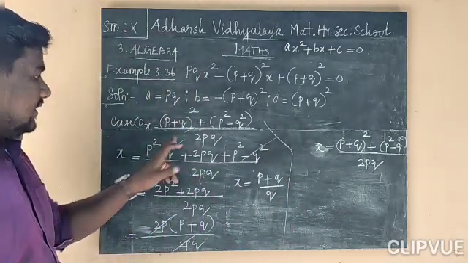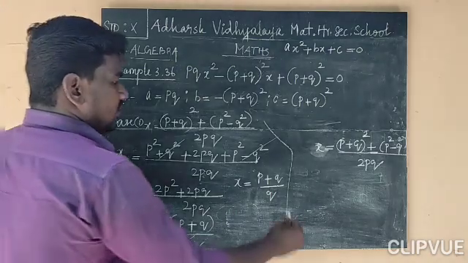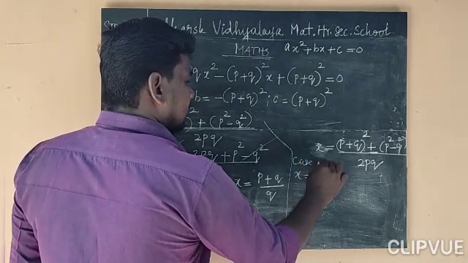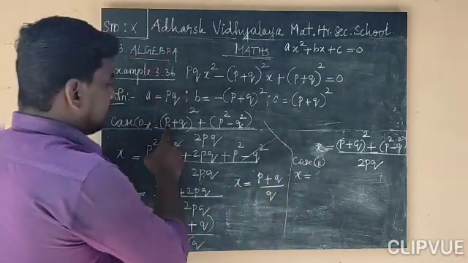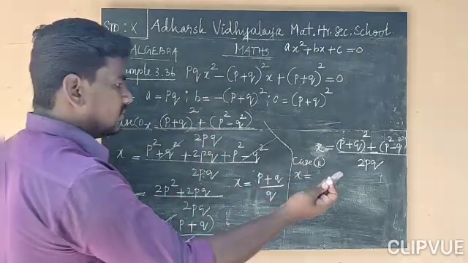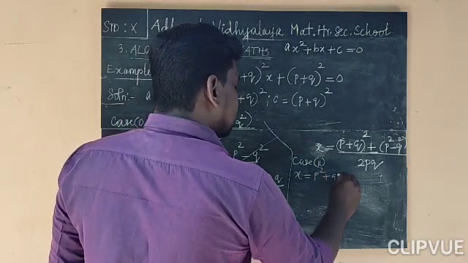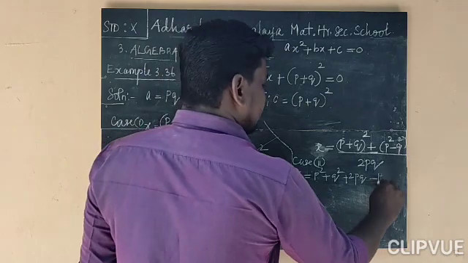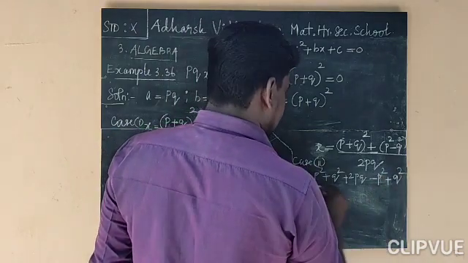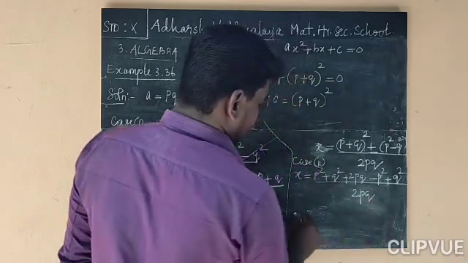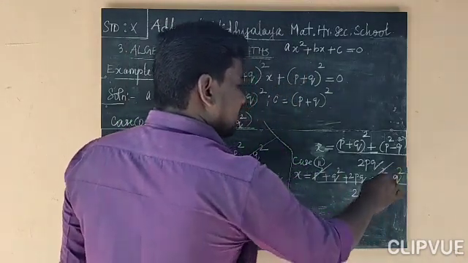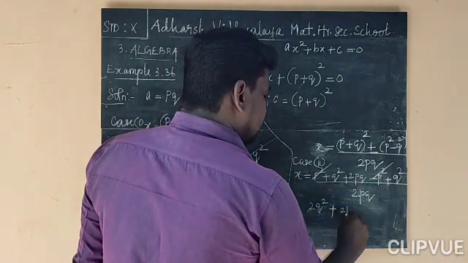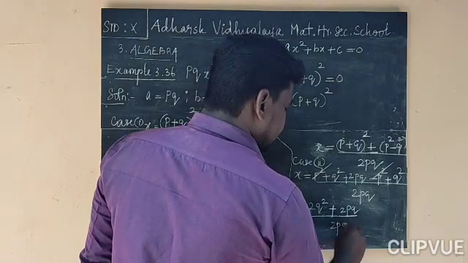If it is positive, what if it is negative? It becomes case 2. x is equal to (p plus q) whole square as it is, instead of plus, minus will be there. So p square plus q square plus 2pq, minus (p square minus q square) divided by 2pq. So p square and minus p square will be cancelled. So 2q square plus 2pq divided by 2pq.